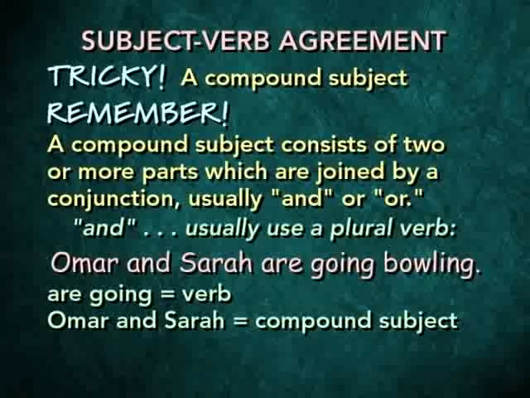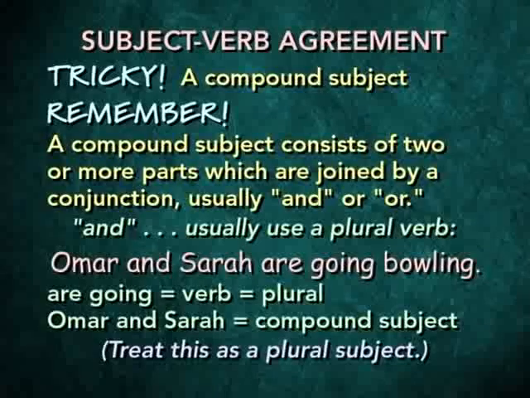After all, Omar and Sarah are 2 people, and therefore the subject of this verb now refers to more than one person. It's plural, and a plural verb, are going, is required. So this is the most typical kind of compound subject, where we have two or more parts joined by the conjunction and normally this would be treated as a plural subject.